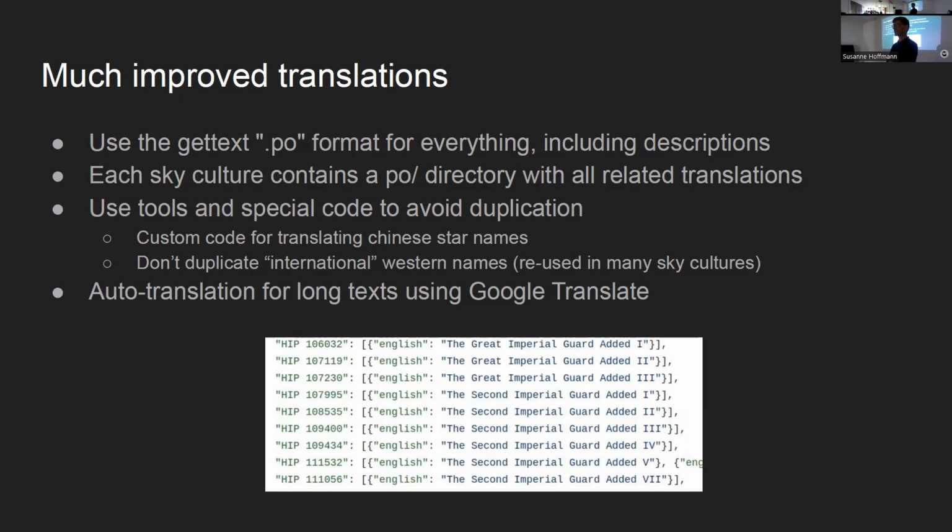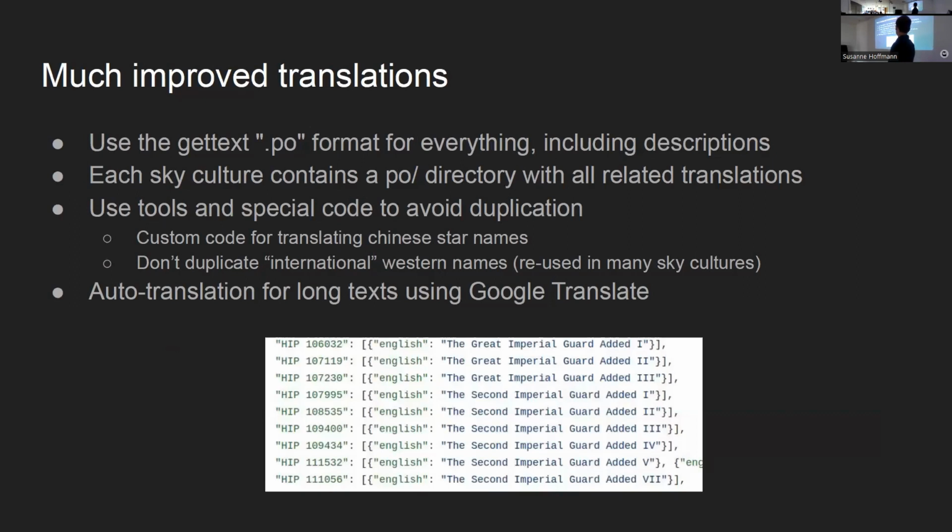So how to translate all this information, which is spread out in many files, sometimes with long content, sometimes short? You need a lot of background to translate properly as well. So first of all, we switch to gettext for everything. The PO file is used for every content, including the very long description files.